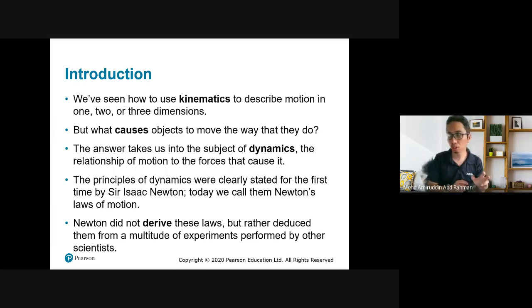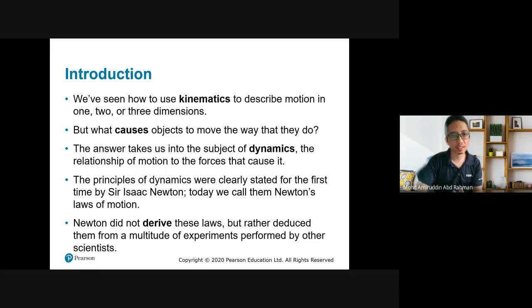To ensure that the object moves, we need a force that moves that object. So to learn that, we need to learn about dynamics. Whenever we have a force that moves the object, we learn about dynamics.